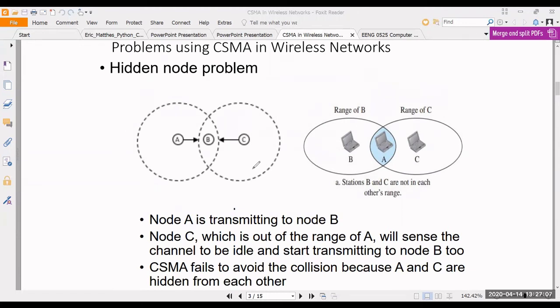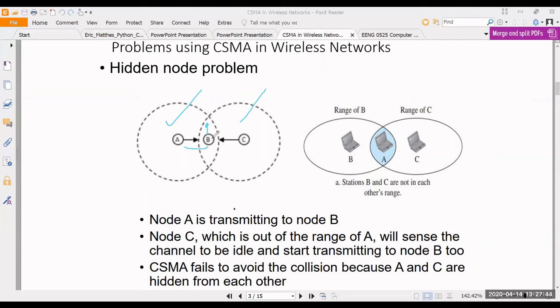So we have this, like the illustration I told you. B has a certain signal strength that is in the range of C, this communicating device. So let's say A is transmitting a frame to B. At that instance, you can see that B is busy in communication, right?